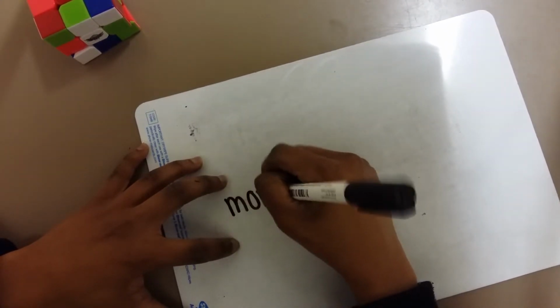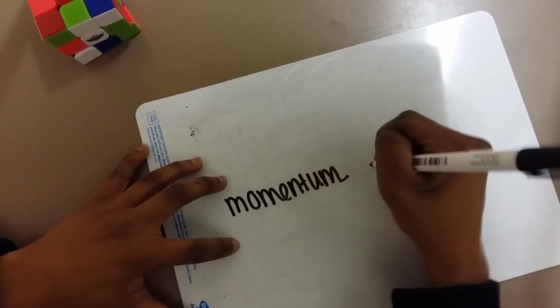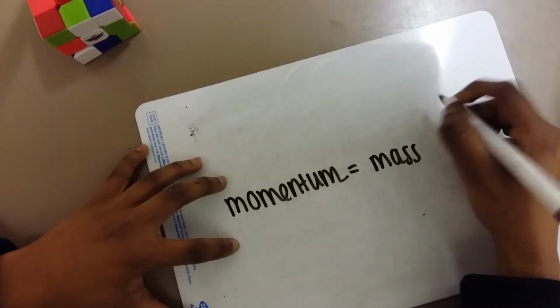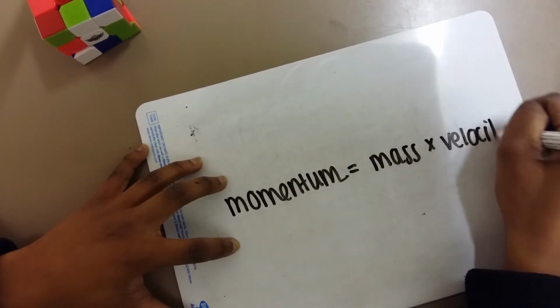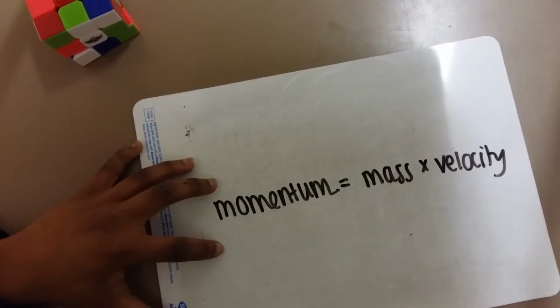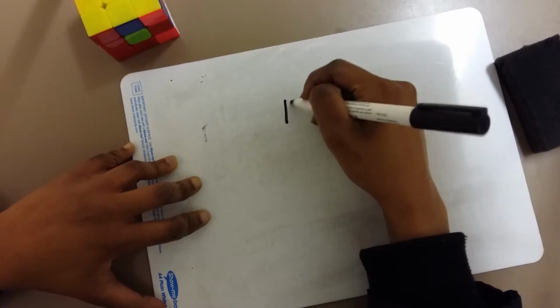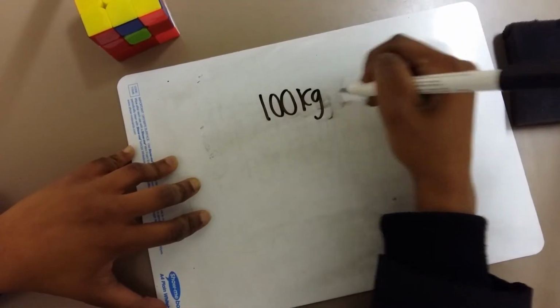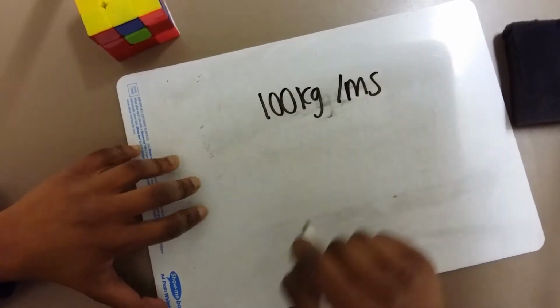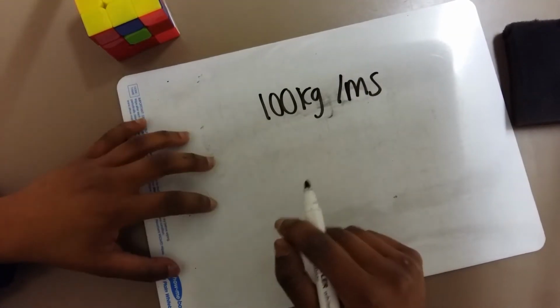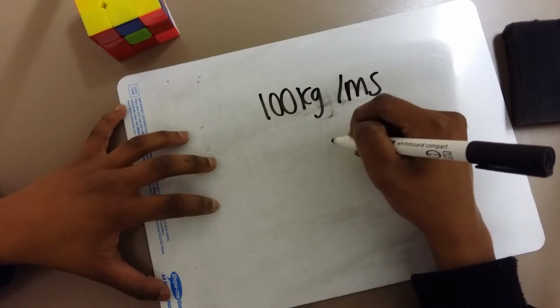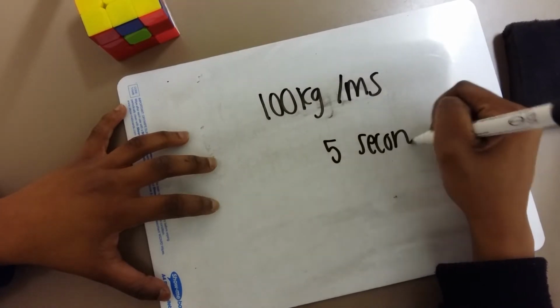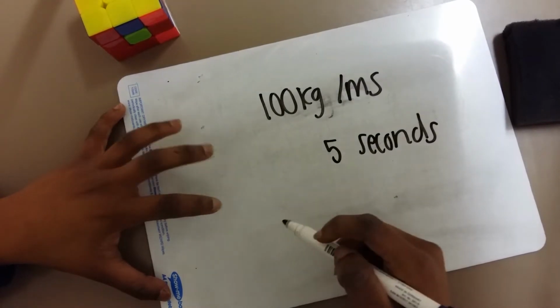Momentum equals mass times velocity. So if we had a change of momentum of 100 kilogram meters per second, and it took 5 seconds, what would the force be?